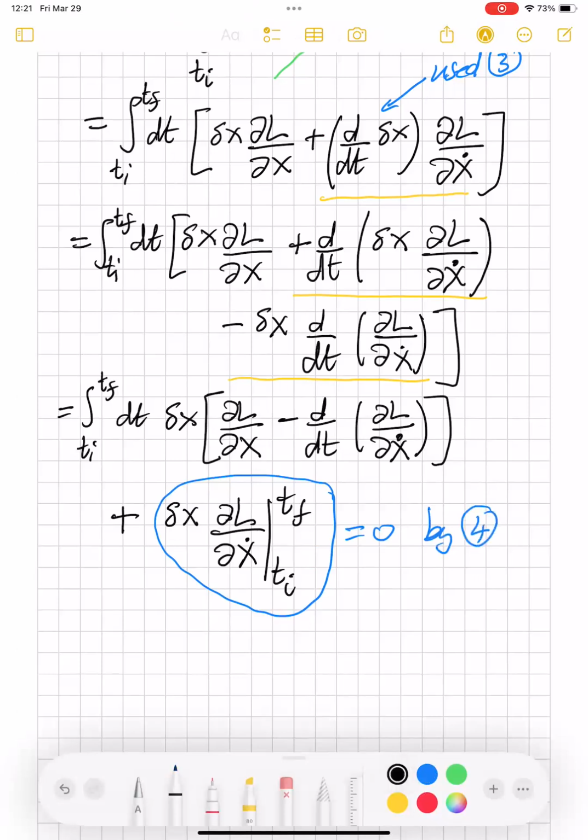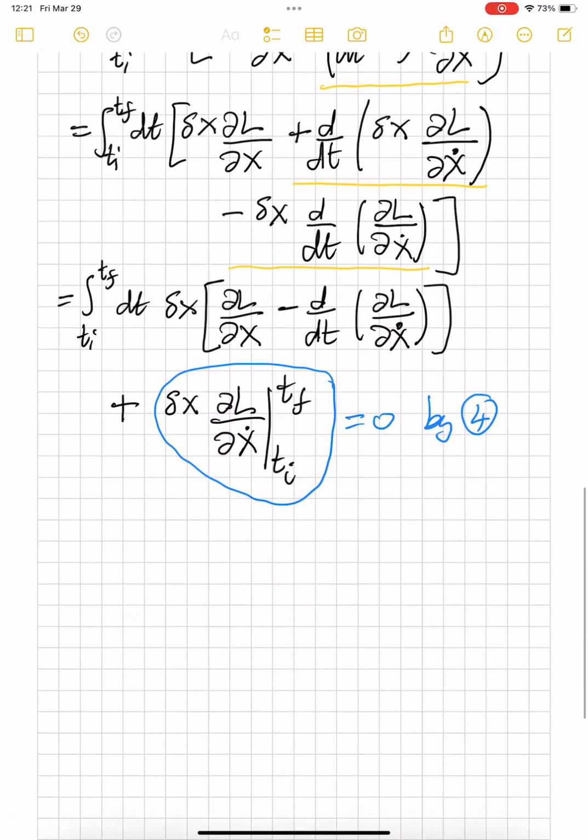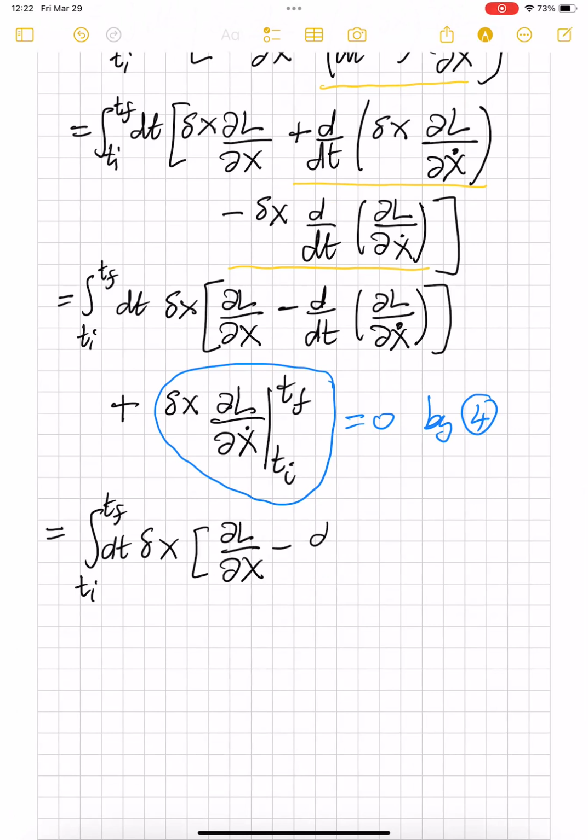So I don't even need to worry about that term. So what do I have now? Well, this is just the integral from Ti to Tf dt. Then I've got delta x times dL/dx minus d by dt of dL/dx dot. Good.